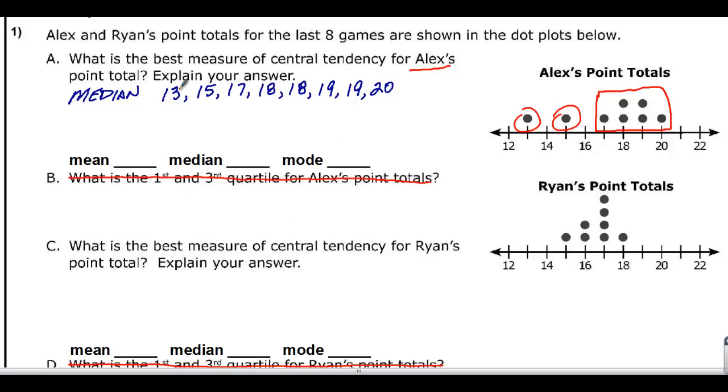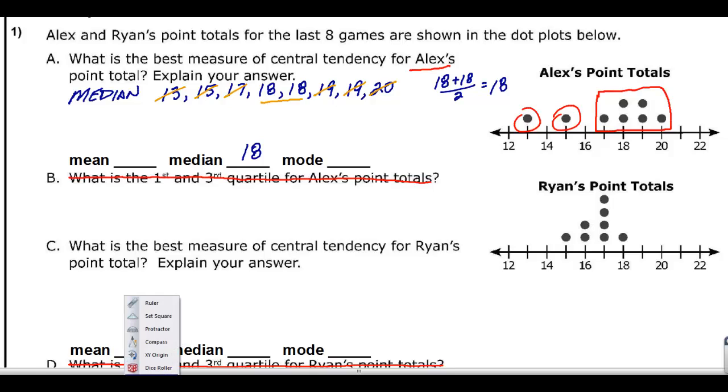One of the best ways to do that is cross off the smallest and the largest, and then go back, cross off the smallest and the largest, until you end up with 1 or 2 numbers in the middle. This has 2 numbers in the middle, so technically we would do 18 plus 18 divided by 2. Well, that's going to be 18. Anytime the number is the same, we get that. So our median for this data is 18.